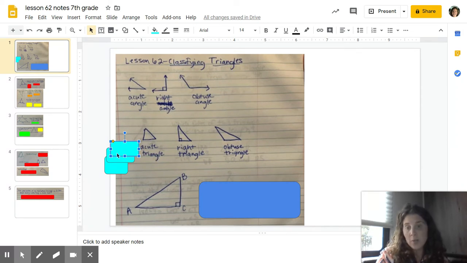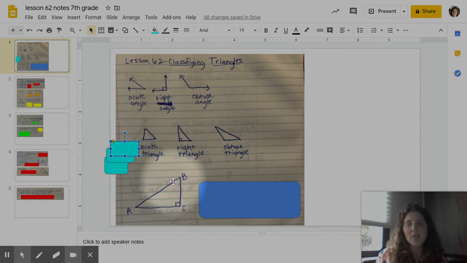I also want to get you familiar with a couple of things about this triangle. People say angle A, this angle right here, is opposite this side, BC. Or they may say the longest side, AB, is opposite the right angle.